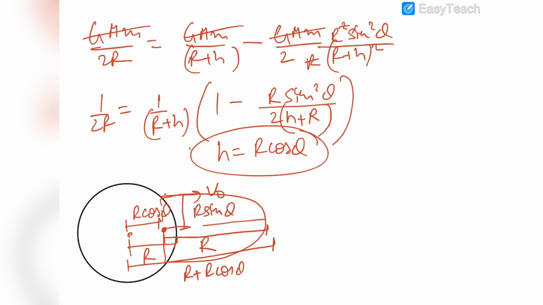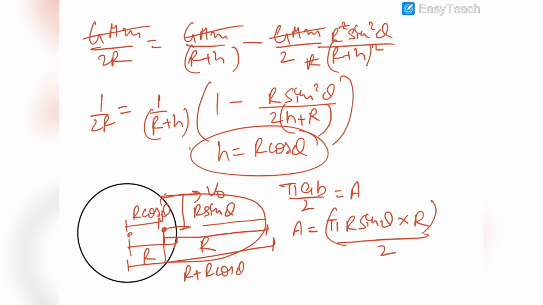So the area of this half ellipse is pi ab by 2, where a is the semi-major axis and b is the semi-minor axis, so this is R sin theta into R divided by 2. So area will be equal to pi R square sin theta by 2.